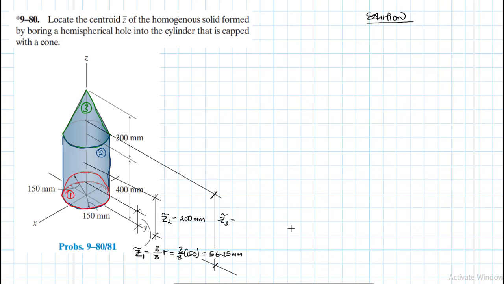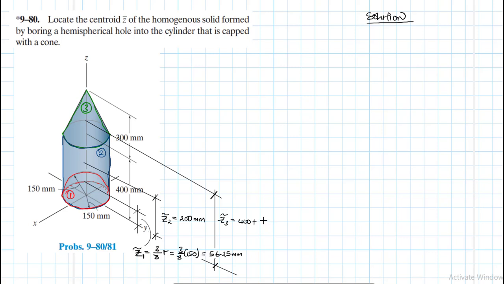3. This is going to be equal to 400 plus what is the centroid position for a cone. For a cone, it's supposed to be h over 4, right, from the base. Is that so? Of course, you can check these in any standard textbook, or you can calculate them.